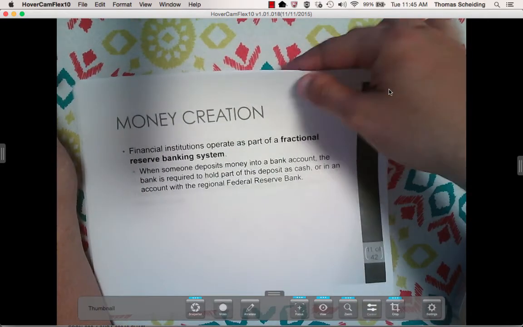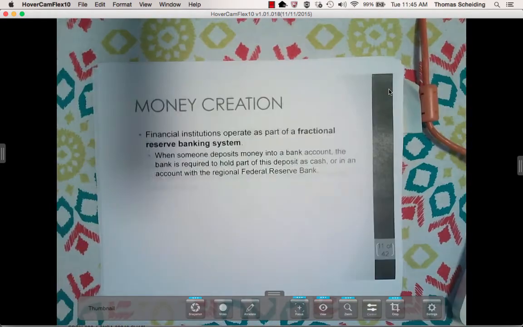The fact that it's not 100% is what makes it a fractional reserve banking system. In fact, there is no banking system in the world today that is a full 100% reserve banking system. All banks in the world operate on a fractional reserve banking system.